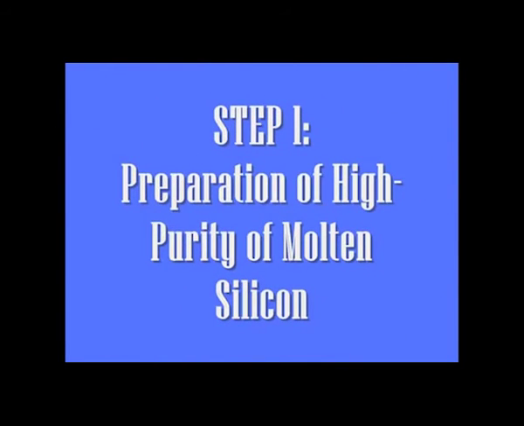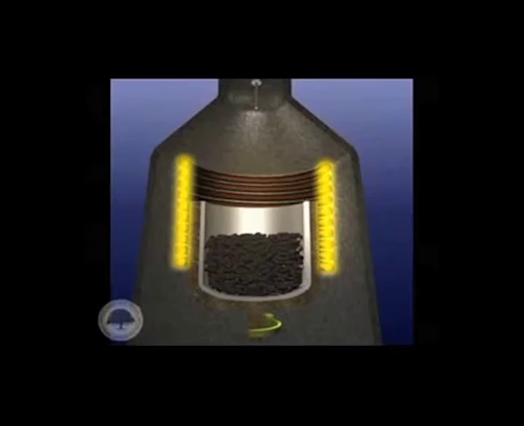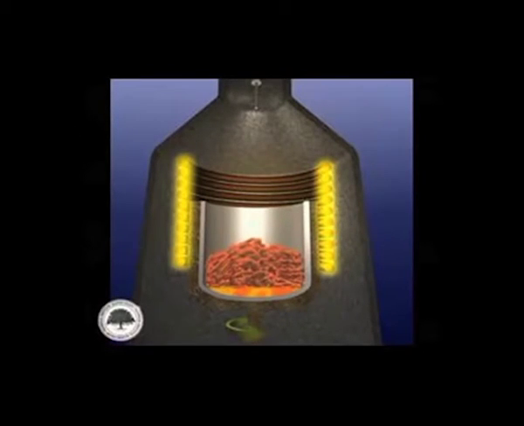Preparation of high purity of molten silicon. In Swarovski process, high purity of silicon is encouraged to be used as molten to form single crystal silicon. Silicon dioxide can be used to prepare high purity molten silicon. Then the substance will be heated to its melting point into a crucible made of quartz. The supersaturated molten solution will become the source of silicon wafer.